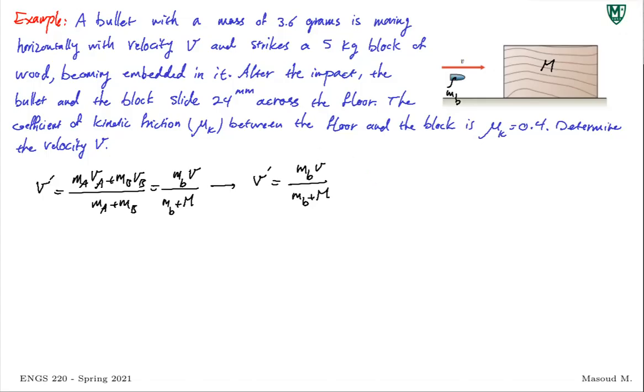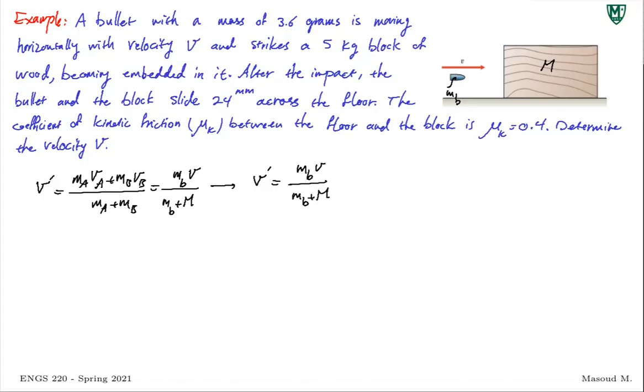Here we don't know the velocity after the impact, and we don't know the velocity of the bullet before the impact. So there are two unknowns, and we can't really do anything with that. We also don't have any other equation for outcome one, when these two become one object. But we're given more information.